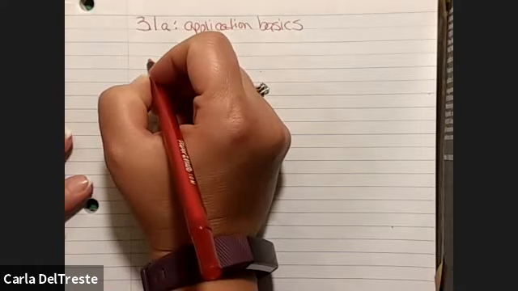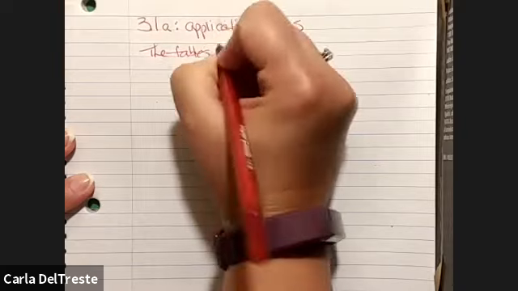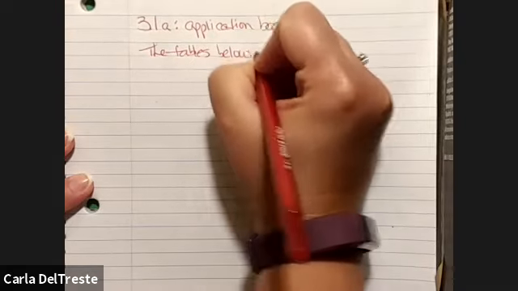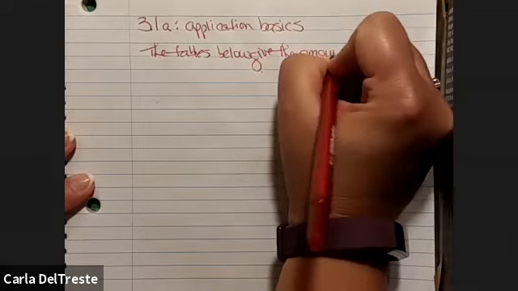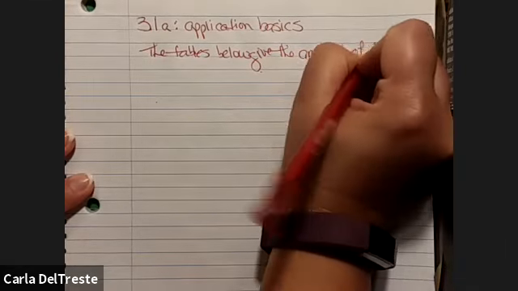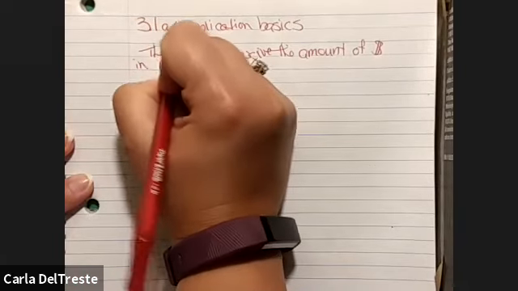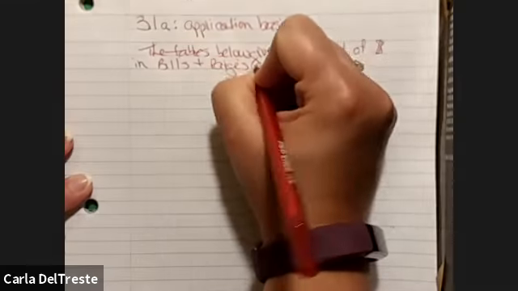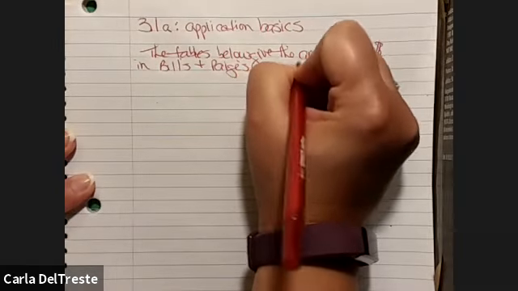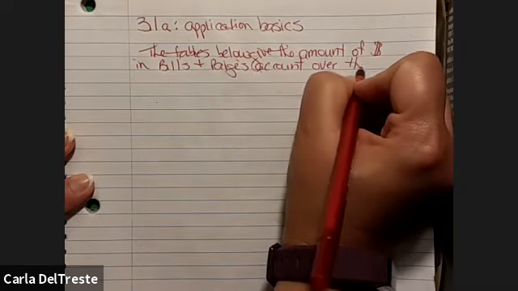So we're going to say the tables below give the amount of money in Bill's and Paige's accounts over the months.